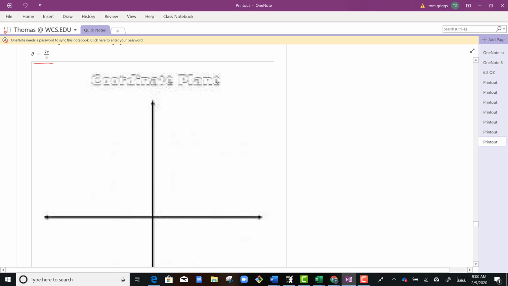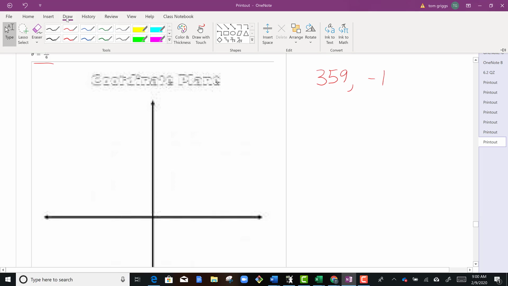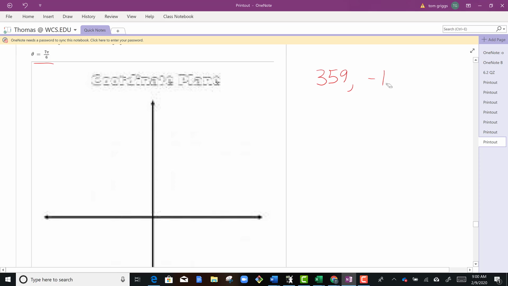In other words, we know that 359 and negative 1 degree, those angles are coterminal. They add up to 360. The absolute value of those two numbers adds up to 360, but they come from different directions.